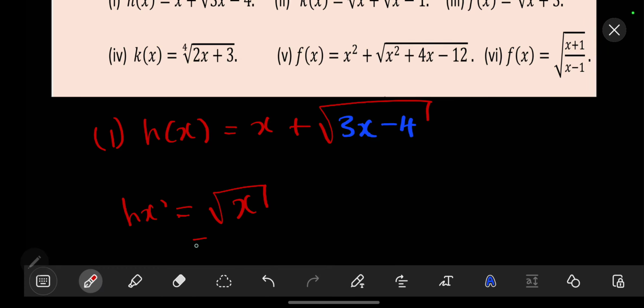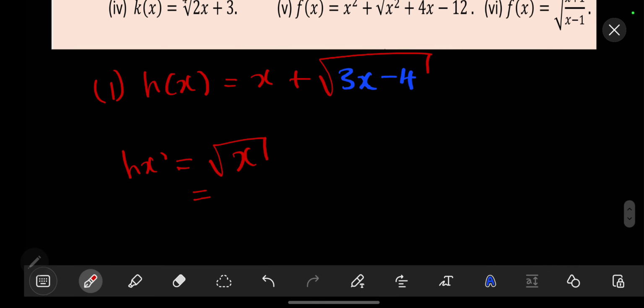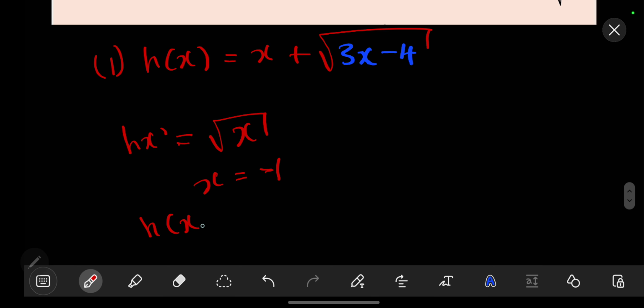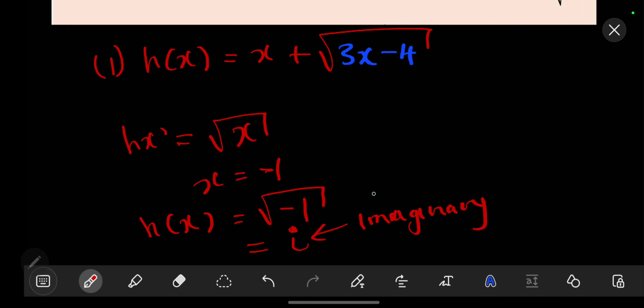For example, you cannot say that my x should be equal to negative 1, because if I put negative 1 here, h of x will be equal to the square root of negative 1, and the square root of negative 1 will give me i. And this i is imaginary, meaning to say negative 1 should not be part of the domain.